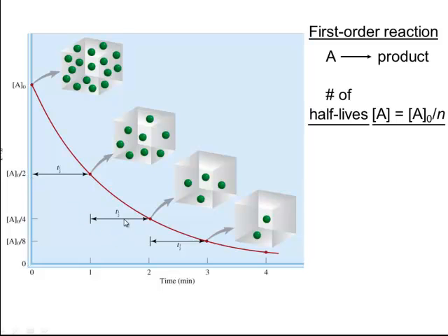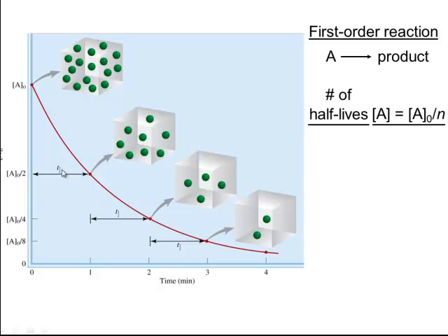Whereas, at the end of the second half-life, the concentration becomes half of A0 by 2, which is technically 1/4 of the original concentration. So it will be A0 by 4. Similarly, at the end of 3 half-lives, the concentration will be half of A0 by 4, which is A0 by 8. That means 1/8 of the initial concentration.